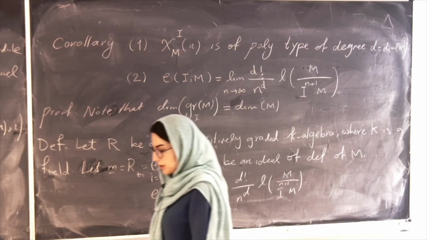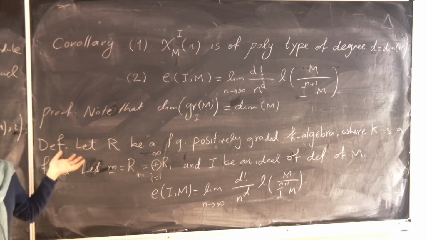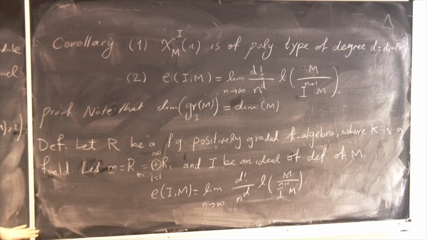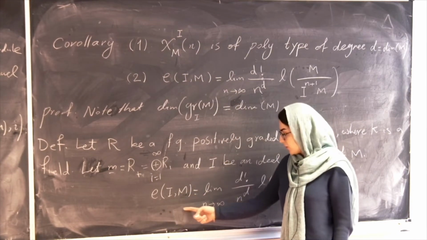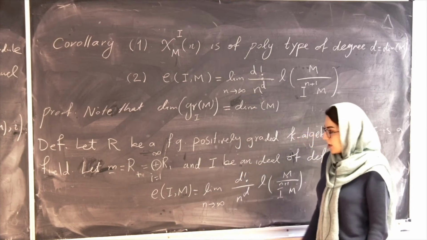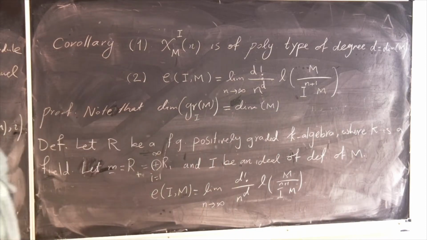So is this definition well defined or not? Because if I consider I just to be the maximal ideal itself, then we can compute multiplicity in two ways: one by this definition, and the other one by the formula we had yesterday, if you remember, this limit but with the first iterated Hilbert function replaced by length.